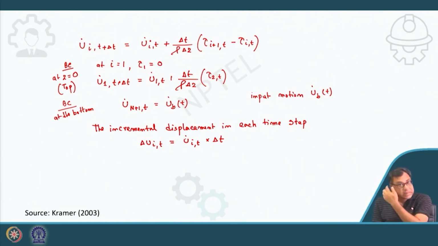So, at each time interval I know the u dot value from this equation. Now, this u dot value I will multiply with del t, and then I will get the incremental displacement on each time step.